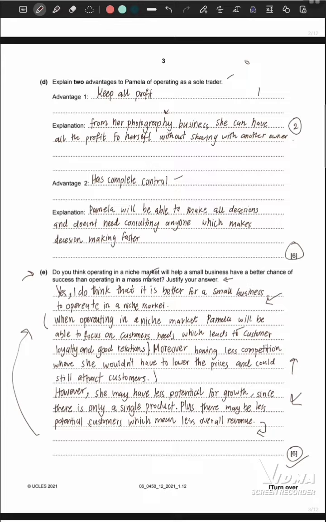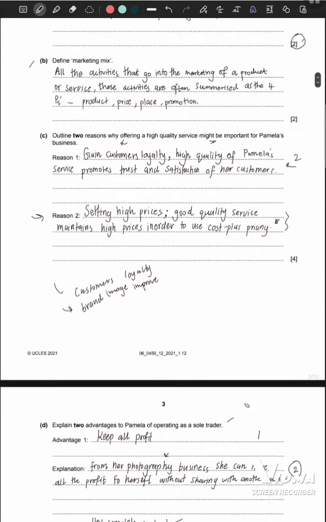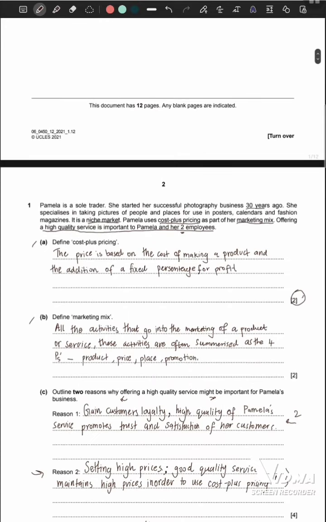So here I said that she may have less potential for growth since there is only a single product. Plus, there may be less potential customers, which means less overall revenue. Now I know this, like, why less potential customers while she's already securing customers? Yes, she is, but in the long run, like she's been for 30 years.